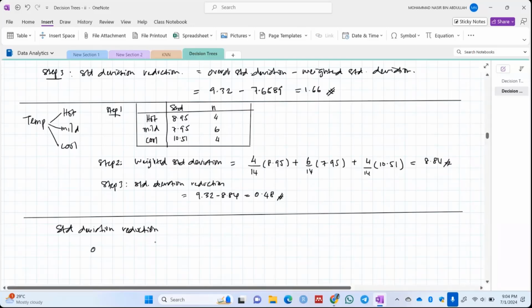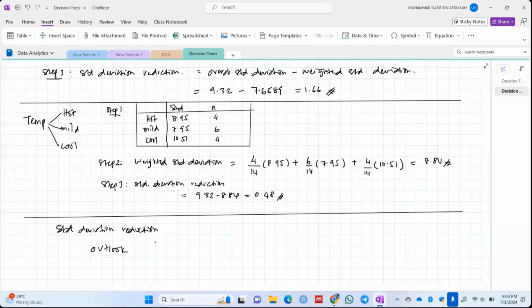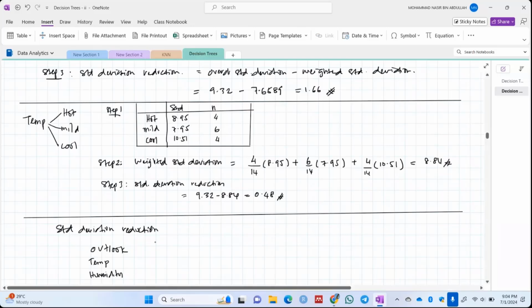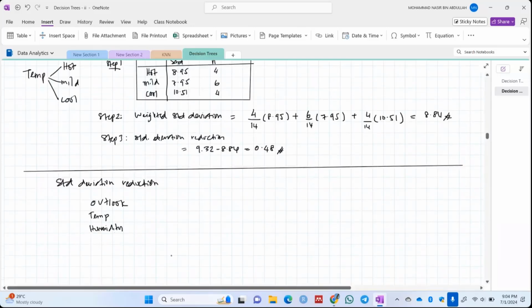So we have outlook and temperature, humidity, and the last one is wind. So for outlook is 1.66, temperature is 0.48, and humidity you calculate by yourself later on, 0.27, and wind is 0.28. Okay. So to select which variable is going to be the root node, we look at the highest.